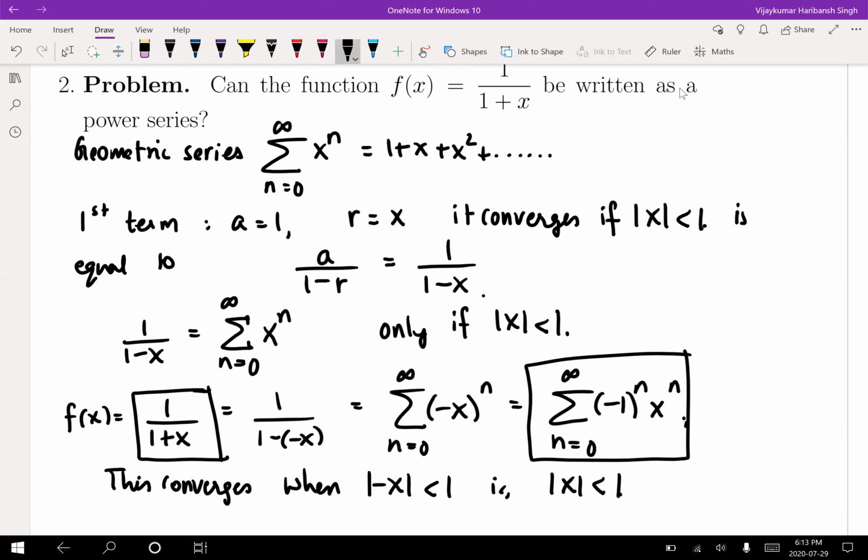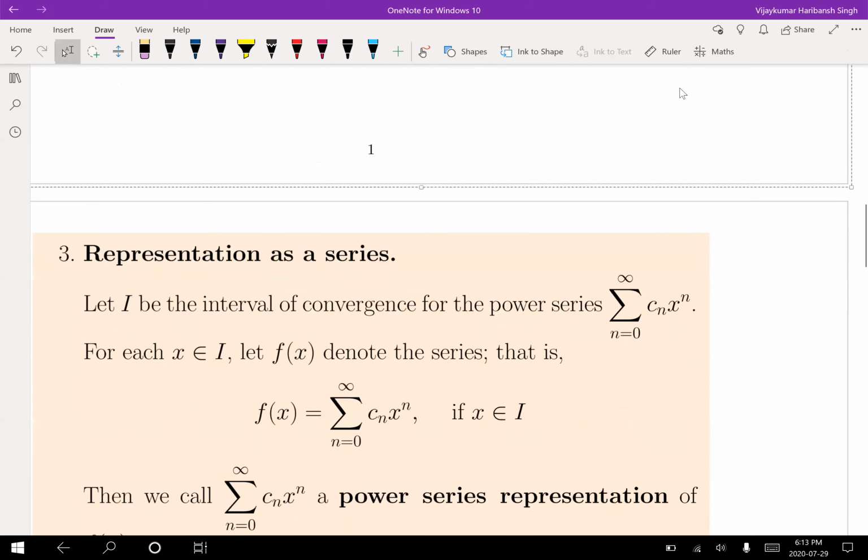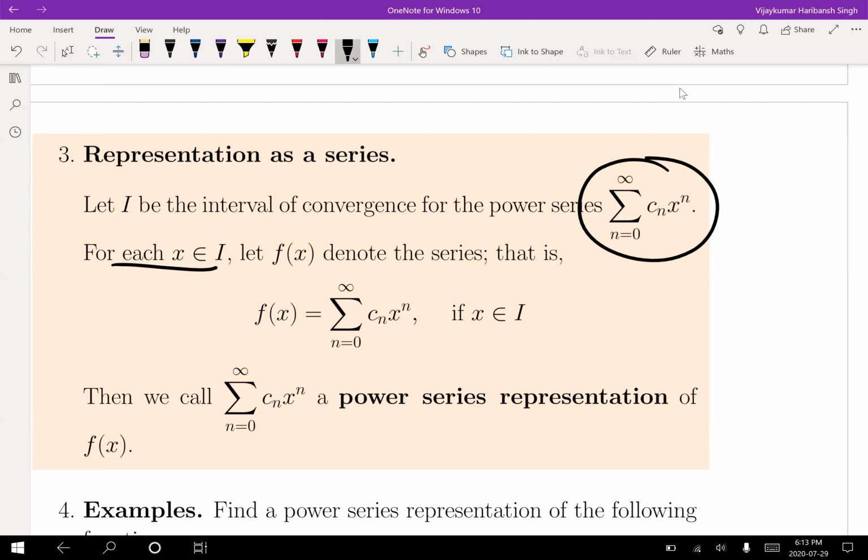Okay, so now we are going to use this to have a representation of a function as a series. Let I be the interval of convergence for the power series summation n equals 0 to infinity c_n x^n. Then for every x in I, let f of x denote the series summation n equals 0 to infinity c_n x to the power n. Then we call this summation a power series representation of f of x.